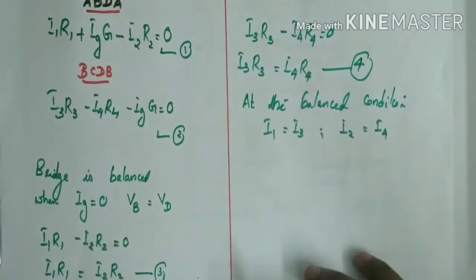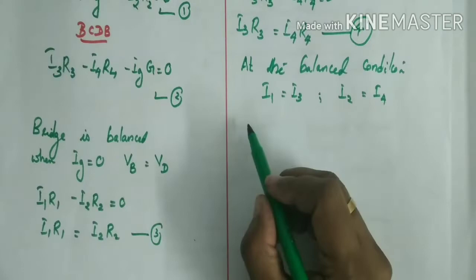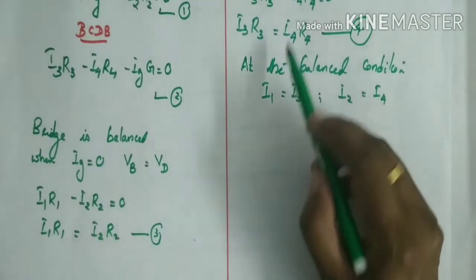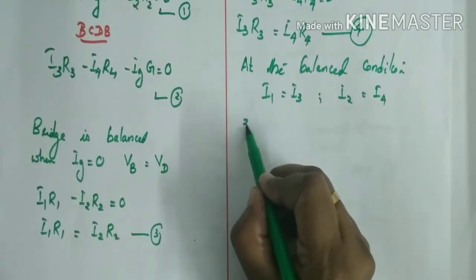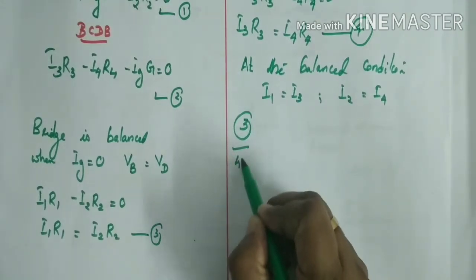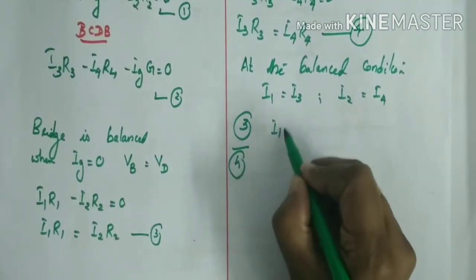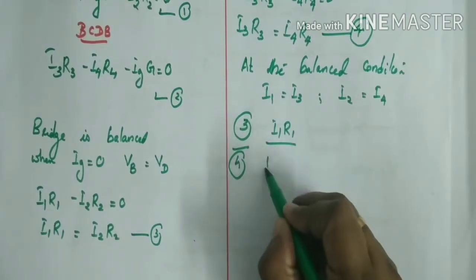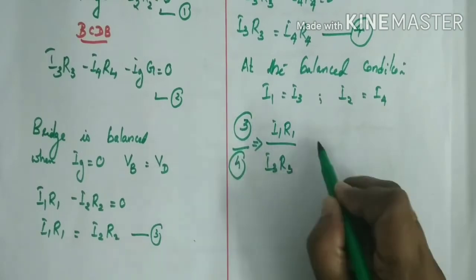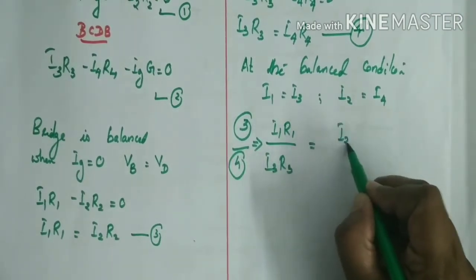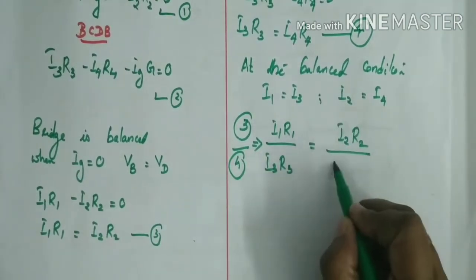Now, the third equation can be written as I1 R1 is equal to I2 R2, and the fourth equation becomes I3 R3 equal to I4 R4. Just divide the two equations: third equation divided by the fourth equation. So, we can write I1 R1 divided by I3 R3 is equal to I2 R2 divided by I4 R4.